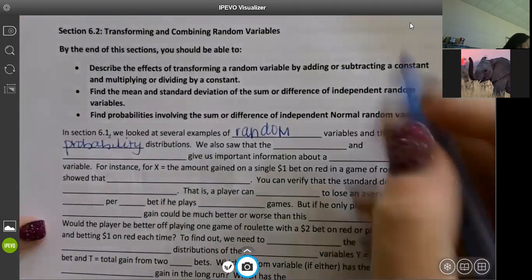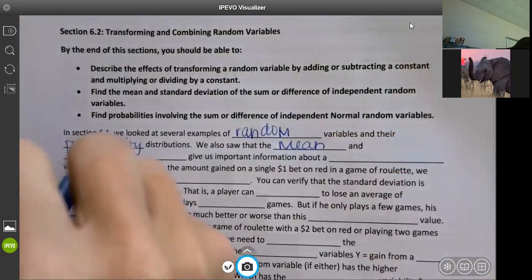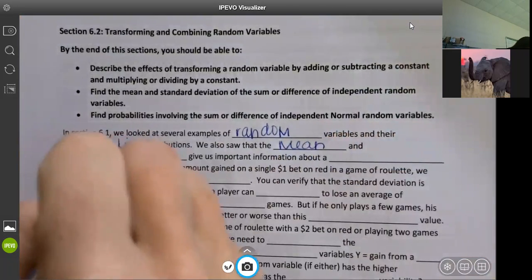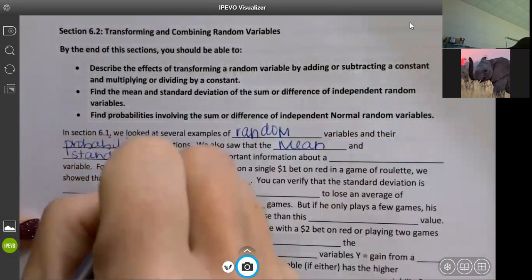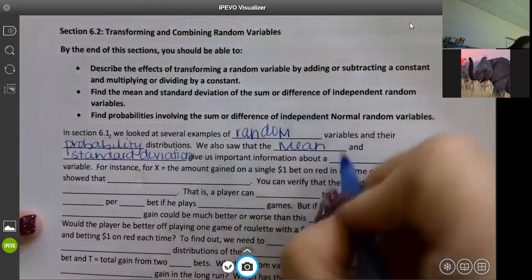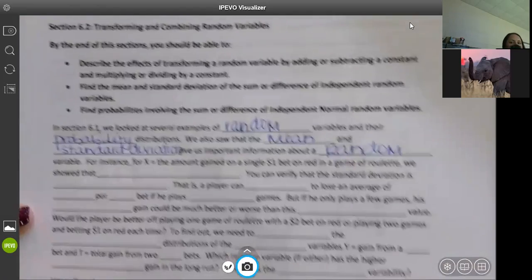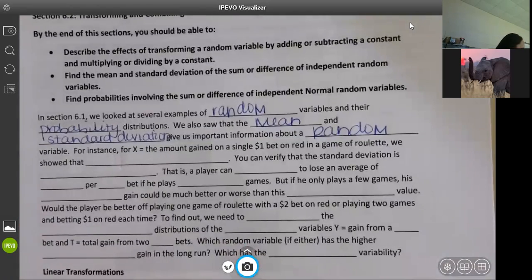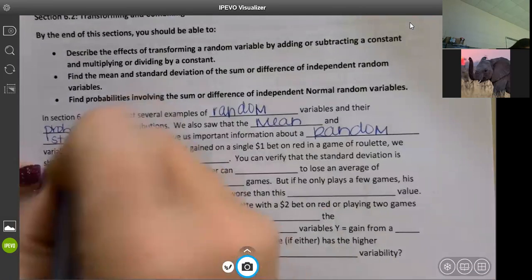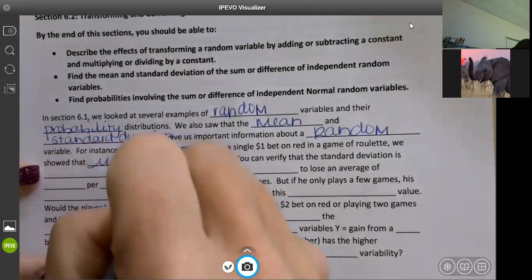We also saw that the mean and standard deviation give us important information about a random variable. For instance, for X equals the amount gained on a single $1 bet on red in a game of roulette, we showed that the mean was -5 cents.